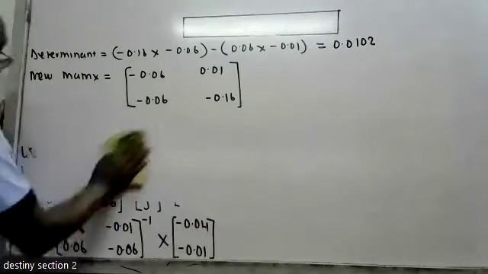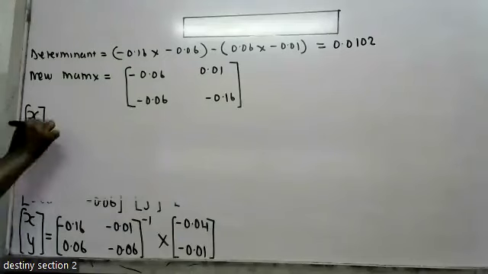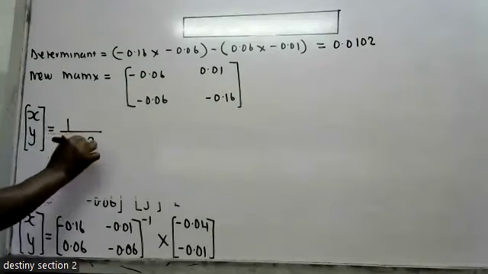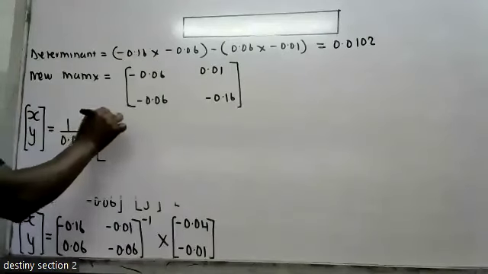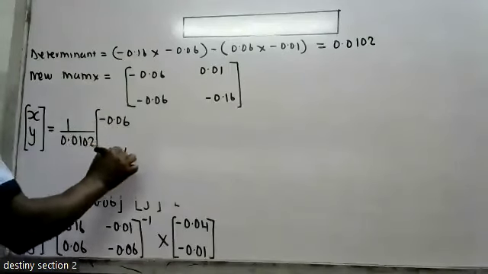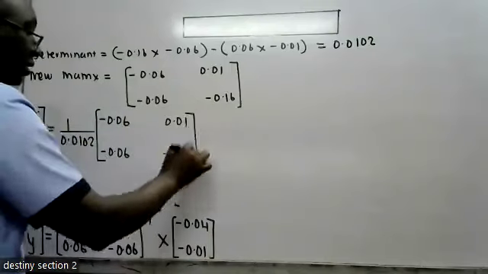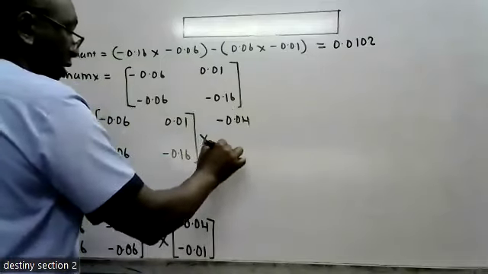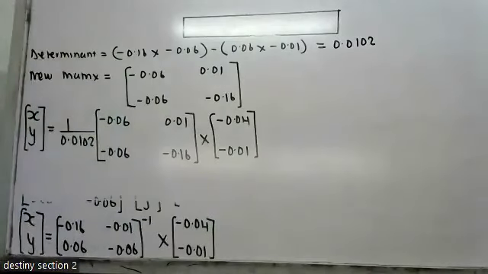So in that, I proceed and now say that my x here and y here should be 1 out of the determinant, 0.0102, multiplied by the new matrix, minus 0.06, minus 0.06, 0.01, minus 0.16. We are multiplying this one by negative 0.04 and negative 0.01, that way.